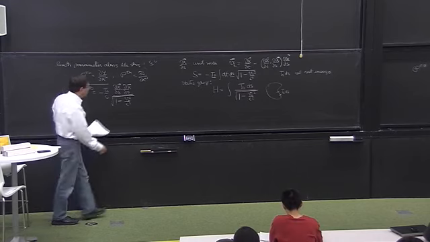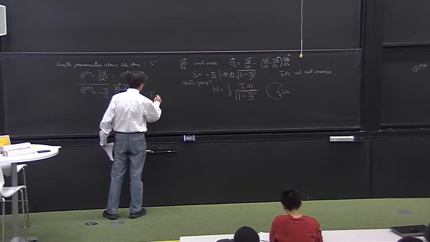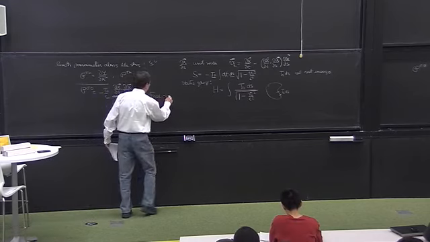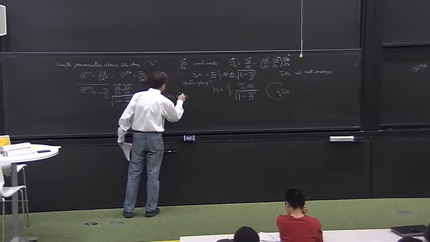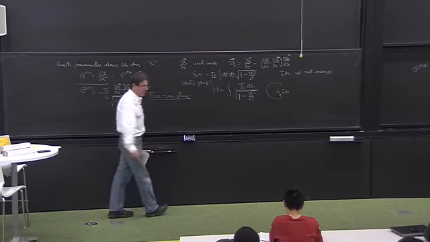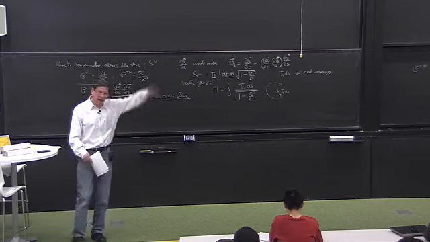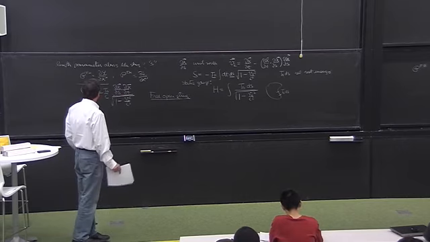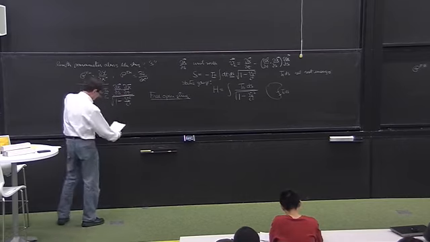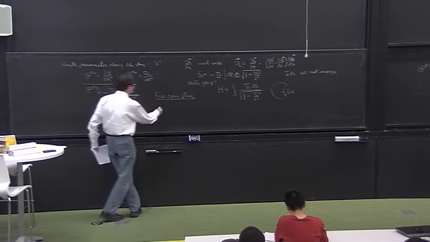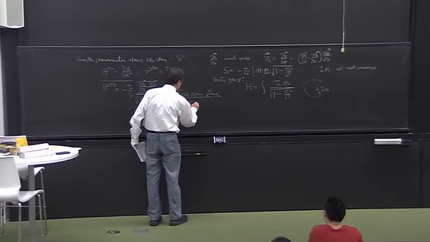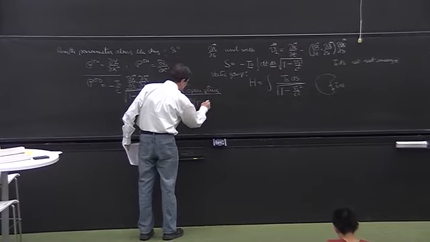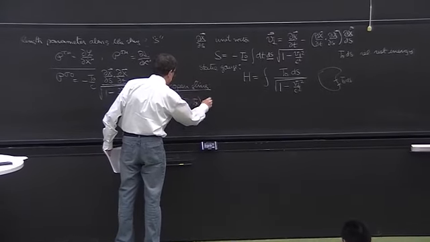So if you have a totally free open string, all endpoints are free. To begin with, you must have that p sigma 0 at any time at the endpoints must be 0.